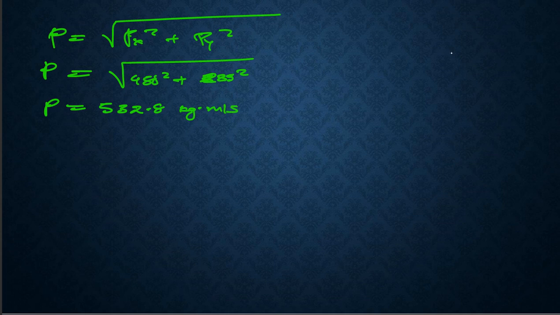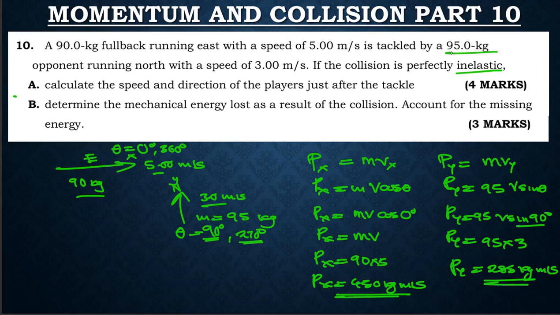This is our momentum. Now, after finding the momentum, that means we can find the speed. We know that the momentum is given by mass times velocity. But because the collision which occurred was inelastic, we are going to add the masses.